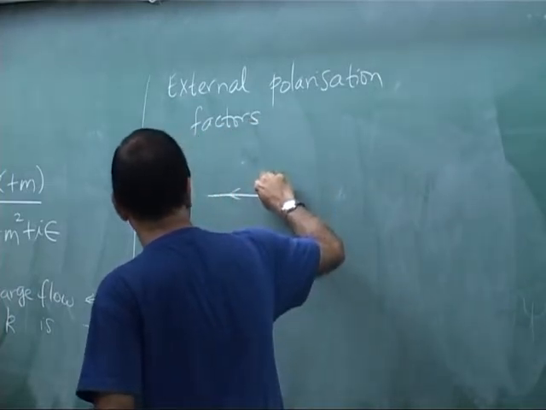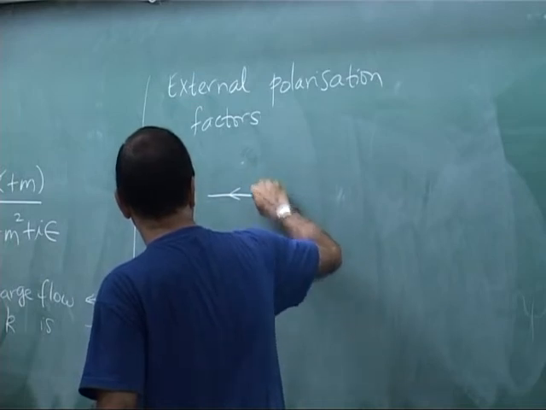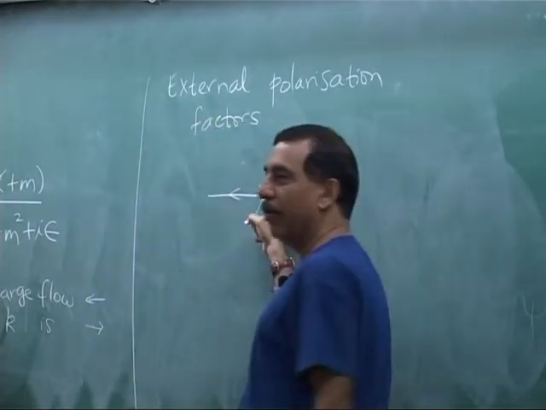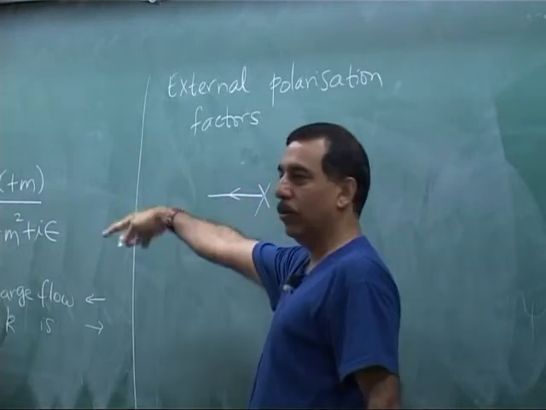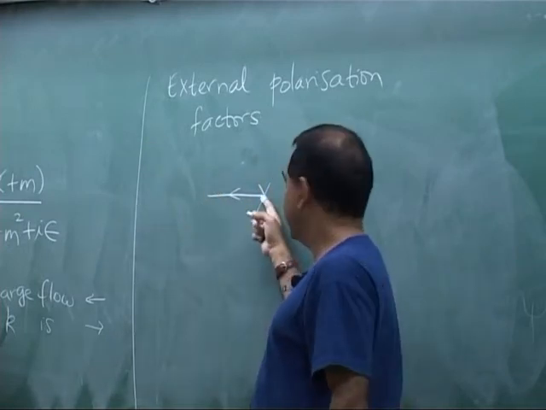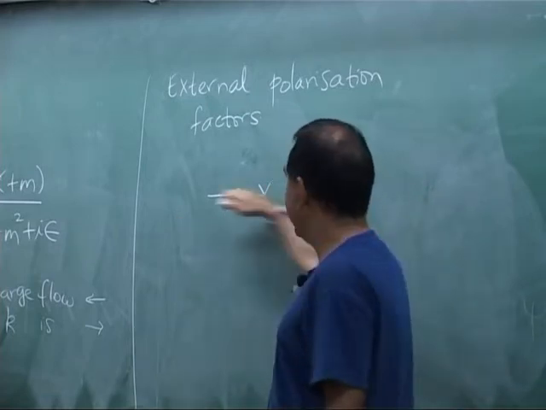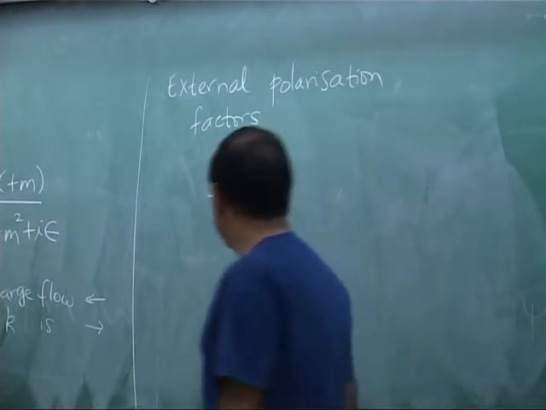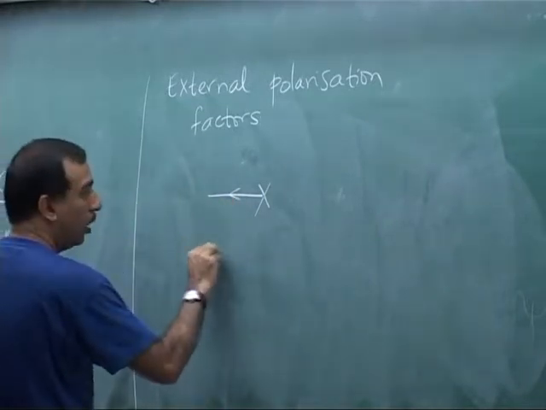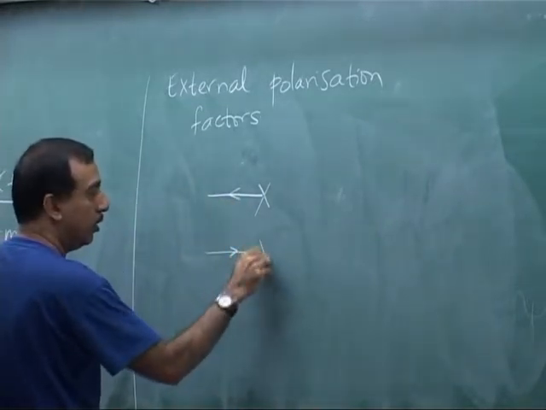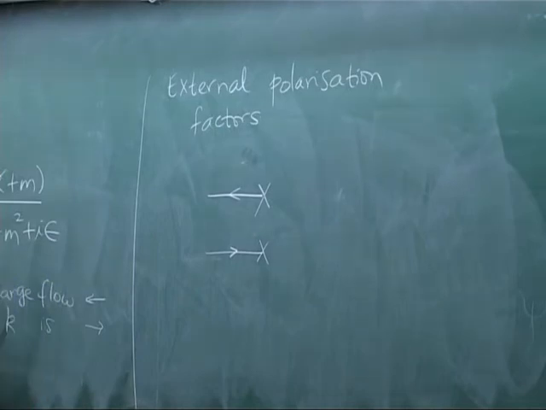There's no convention, but maybe I'll put a cross here. So this is the end of the diagram. Here the line is going to go and connect to other things. And this is an end where, remember, time goes from right to left. So these are incoming particles. So this needs one convention. This needs another convention. These are the two different orientations.